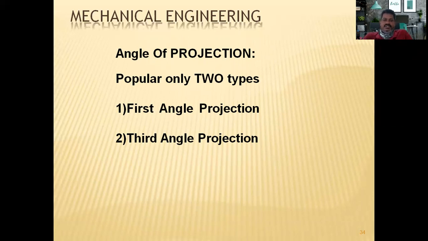The right side view will be drawn to the right of the front view, and the left side to the left. Whereas in first angle projection, it is vice versa. The top view will be drawn below the front view, and the left and right side views are swapped.